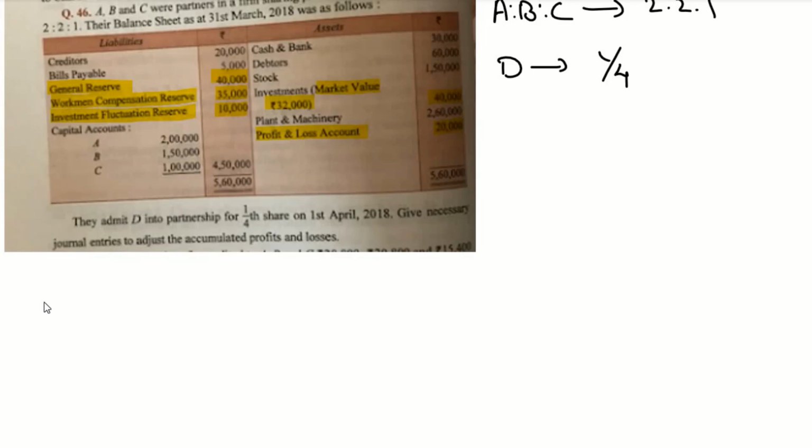Okay, the journal entry will be, we have general reserve account debit 40,000. Then we have workman compensation reserve account debit 35,000.